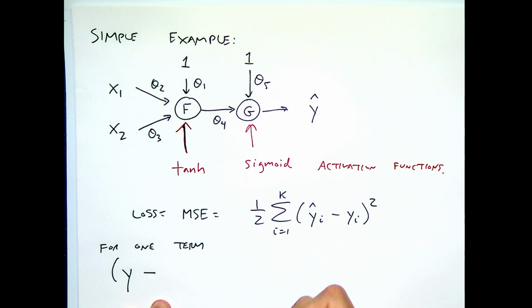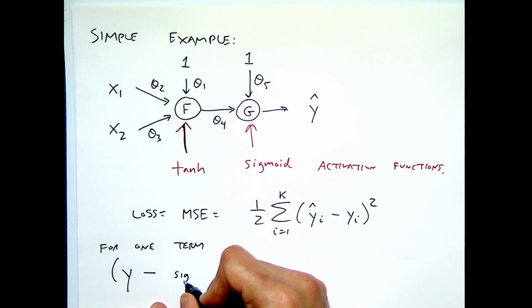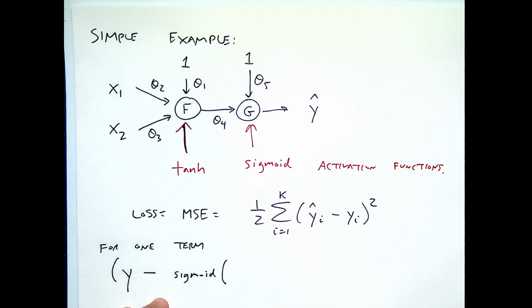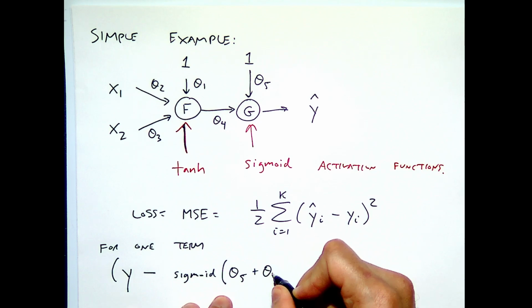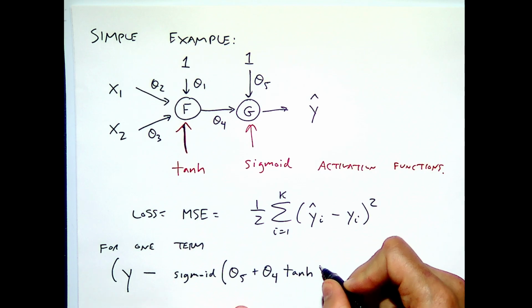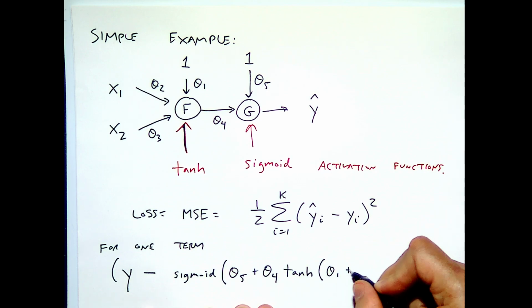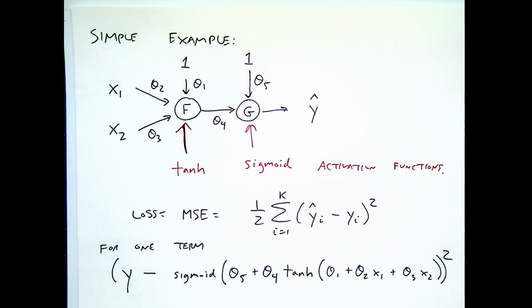Well, I basically took the sigmoid of theta 5 plus theta 4 times the output of this neuron, which is the tanh of theta 1 plus theta 2 times x1 plus theta 3 times x2, right? So now I can explicitly write down how each of the training samples contributes to the loss function, right?